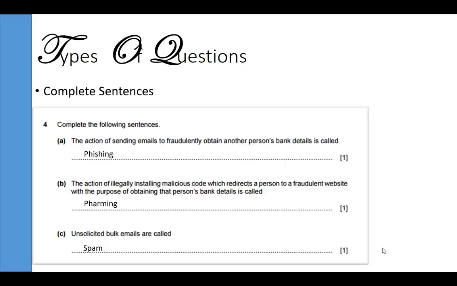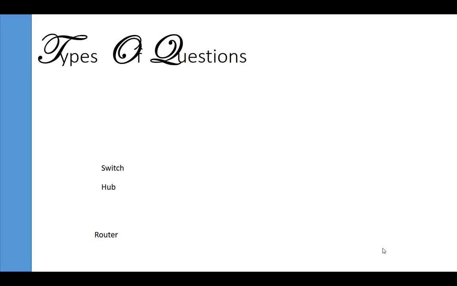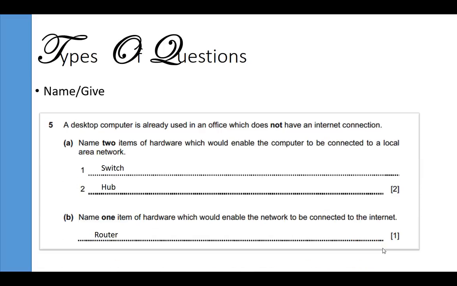The next type of question is the one that has to do with name or give, and it looks something like this. You're just supposed to name 2 items of hardware which would enable the computer to be connected to a local area network.